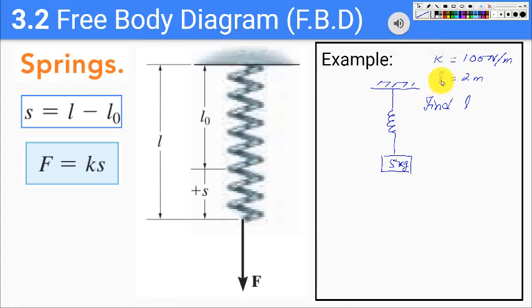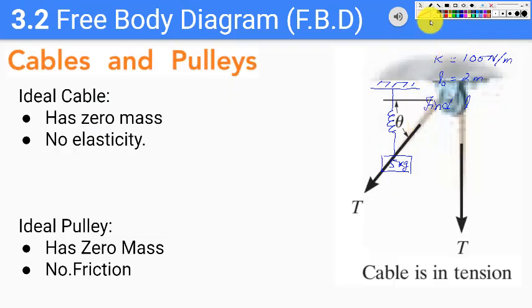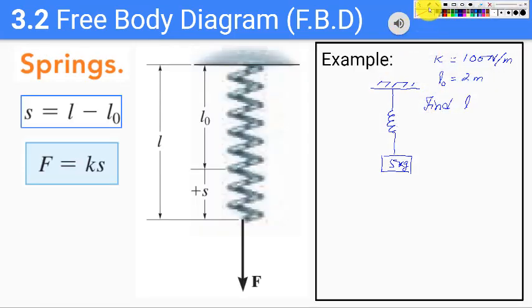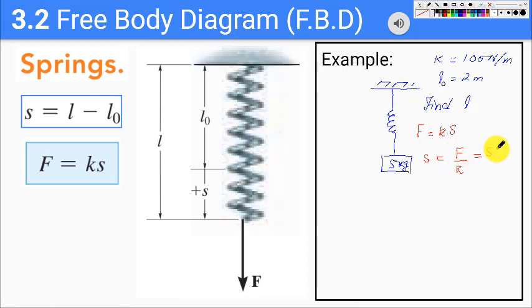So we know that for a spring, force equals Ks, which means that S is just equal to the force divided by K. The force is equal to 50 newtons, which is just mass times gravity, and the K value is 100 newtons per meter, which means that S is nothing but 0.5 meters.